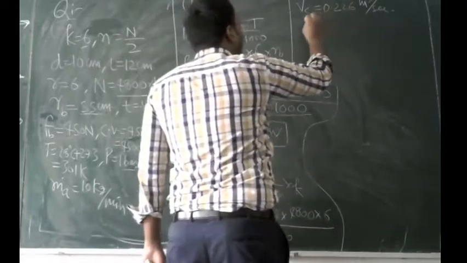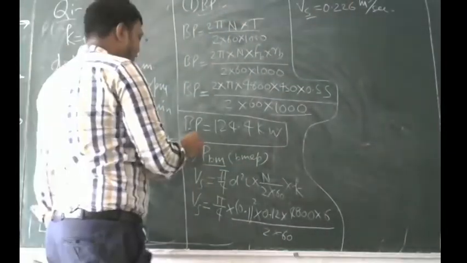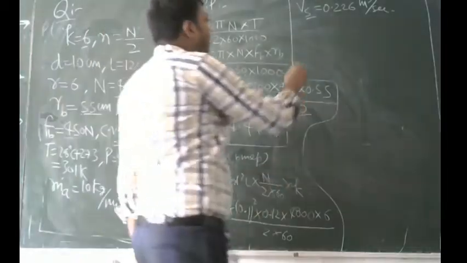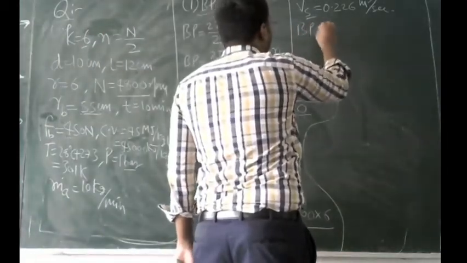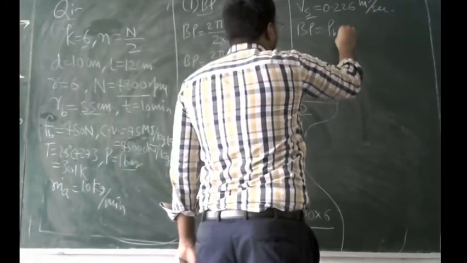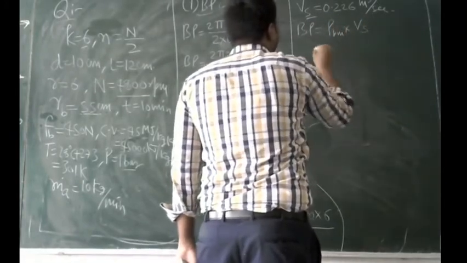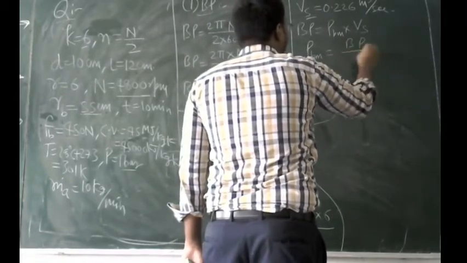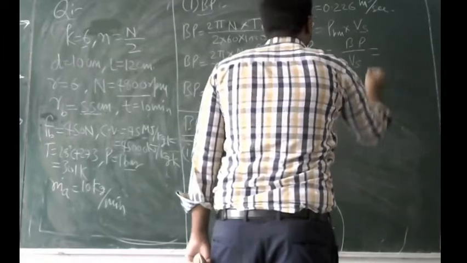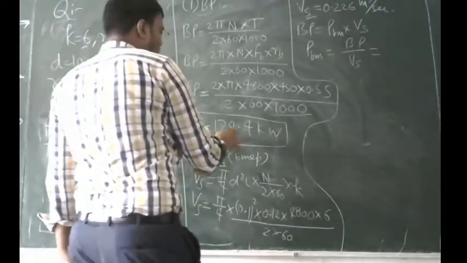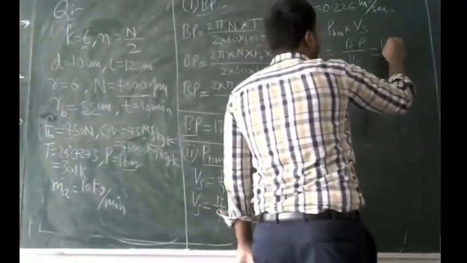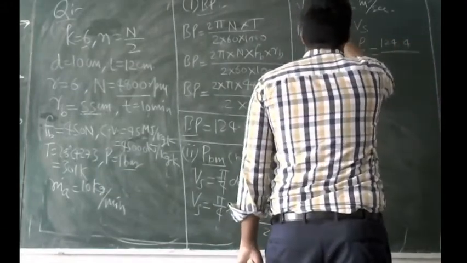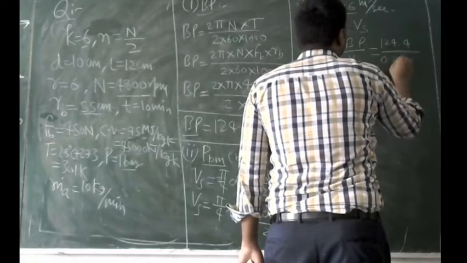Now we know the value of Vs and brake power we have already calculated. So we can easily calculate the value of brake mean effective pressure. Here the formula: brake power is equal to brake mean effective pressure into Vs. So from here we can calculate brake mean effective pressure is equal to brake power divided by Vs. Put the value. Brake power is given equal to 124.4 kilowatt divided by Vs, 0.226.